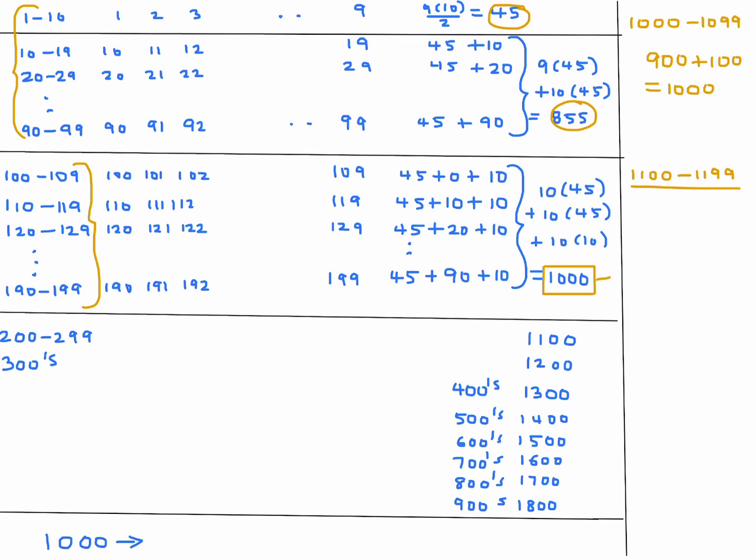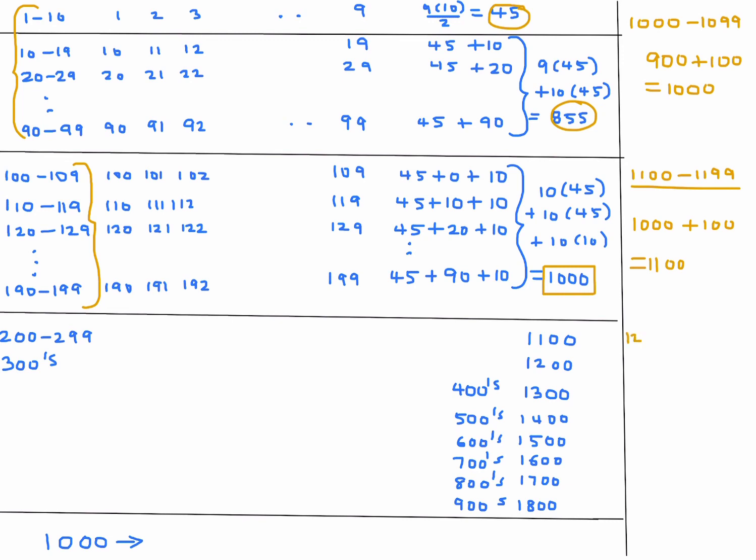So you take this 1,000 and you add to it all of those ones. And if you do, you get 1,100. So that definitely helps us figure all of these out very quickly. Instead of having to go through this painful thing all over again, we can just do this very quickly by adding 100.